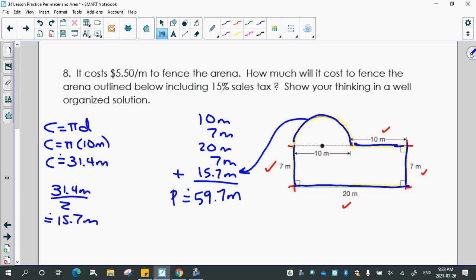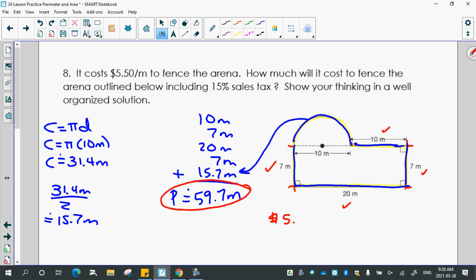All right, now it costs $5.50 per meter to fence it. So how do I figure out how much it costs for the fencing? Multiply the perimeter by 5.50.